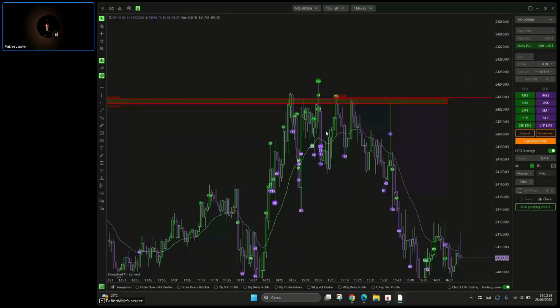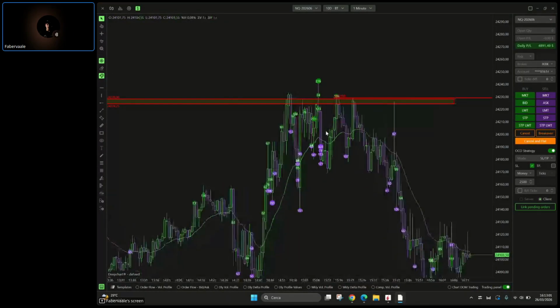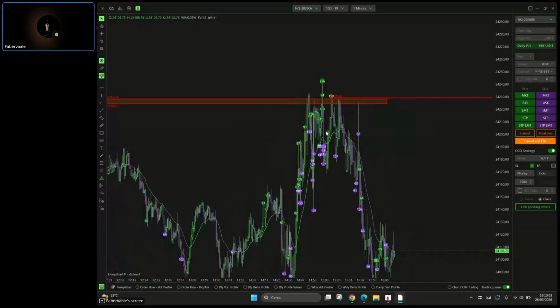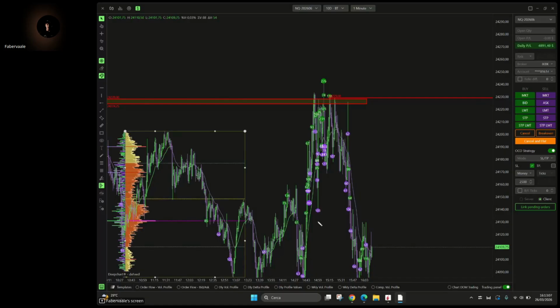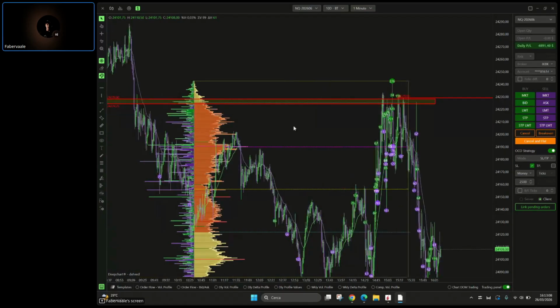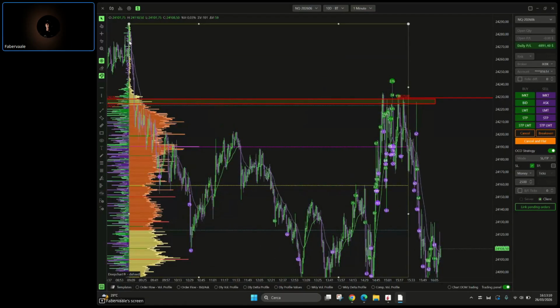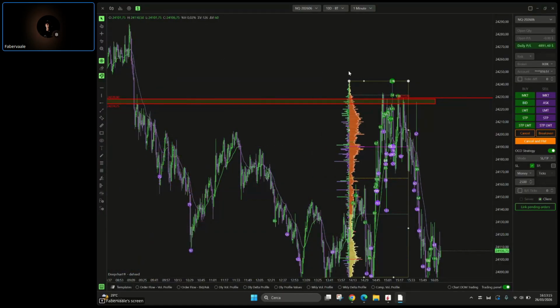So this candle here at the top of the distribution is what I'm searching for. I will draw again for you the profile. Even if you take from the beginning, it's still the top of the distribution, still this, when they are starting to reject.